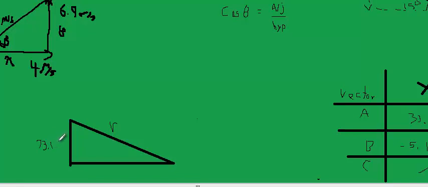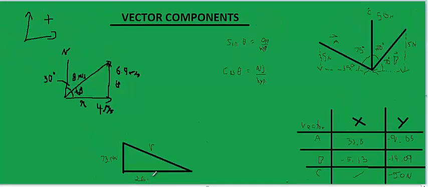And our bottom one is going to be 31.8 minus 5.13, which is 26.67.